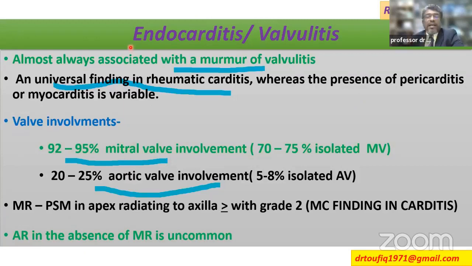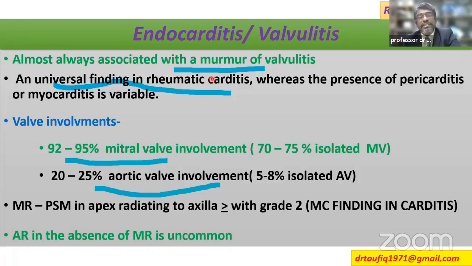Now we will discuss endocarditis or valvulitis. This is the innermost layer of the heart, the endocardium, and there may be endocarditis. We all know that a valve is a special form of endocardium, a folding of the endocardium that produces the valve.